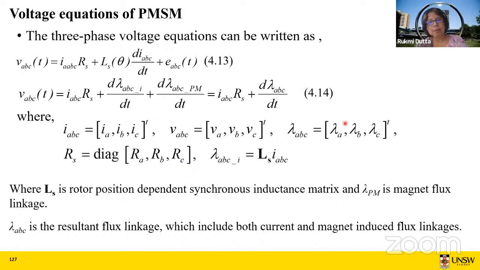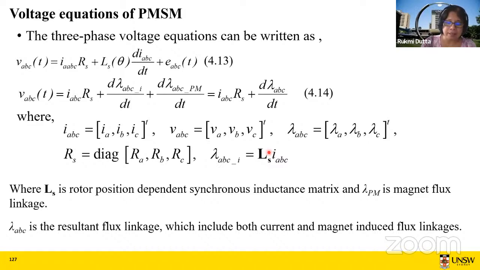But just for understanding, know that these are the three-phase resistances. And in our current induced flux linkage, actually it is the current times the synchronous reactance, but this synchronous inductance LS is theta dependent, and it includes all the self and mutual inductances. In fact, this is a matrix, okay, which you will see a little bit later.